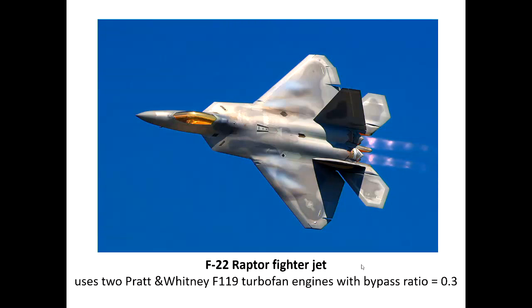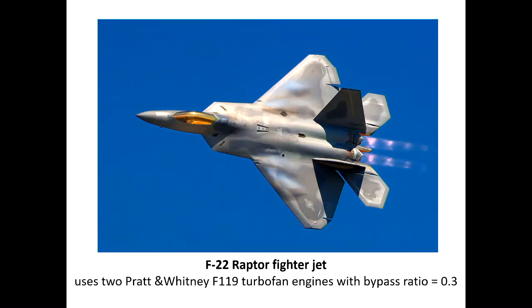So this aircraft can fly at a very high speed. One of the features is called supercruise. This aircraft can cruise at a supersonic speed, with a quoted number of Mach 1.8, so 1.8 times the speed of sound during cruise.